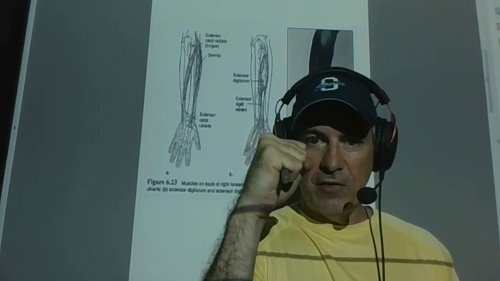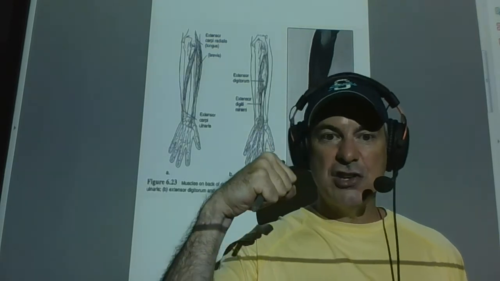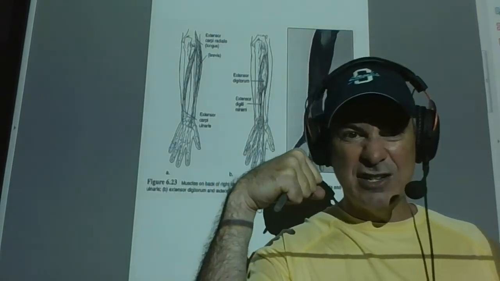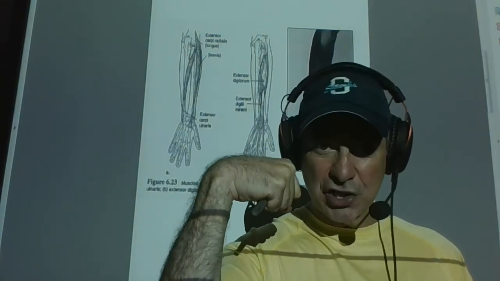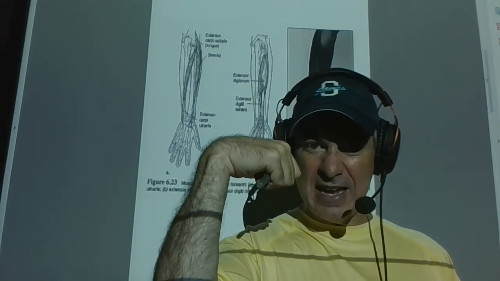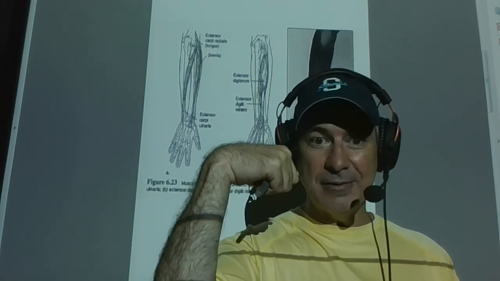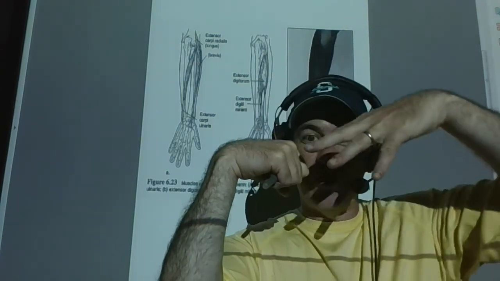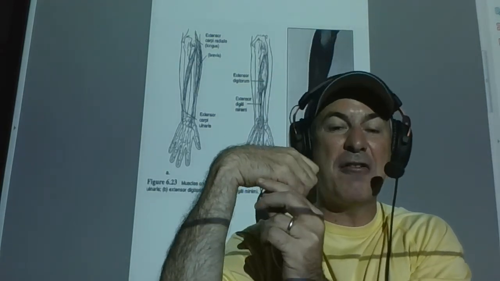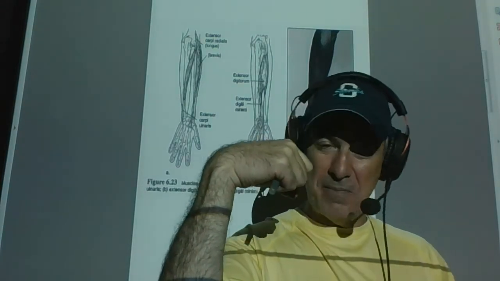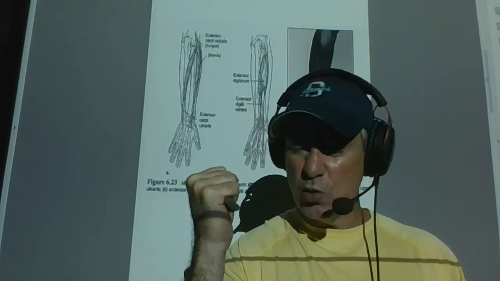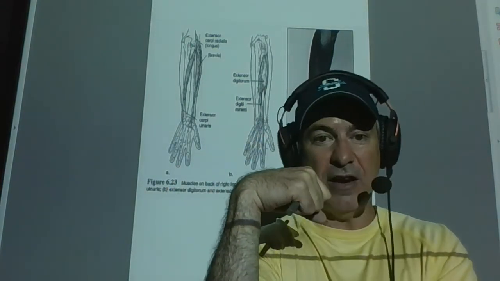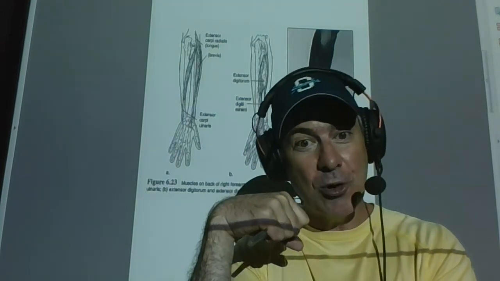If I start to flex my wrist, I stretch my extensor digitorum so much that literally they get in the way of me squeezing my pen. The passive stretch is so much that it's literally pulling my fingers away from the pen. Try that. Try to squeeze your pen with your wrist flexed, and you're like, oh, why is that not working?